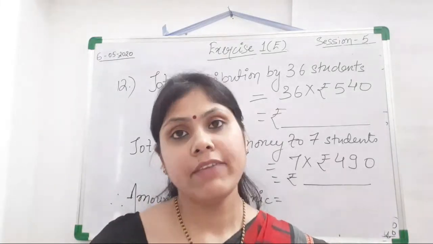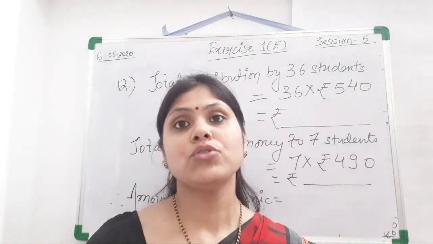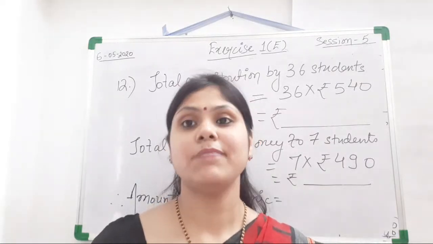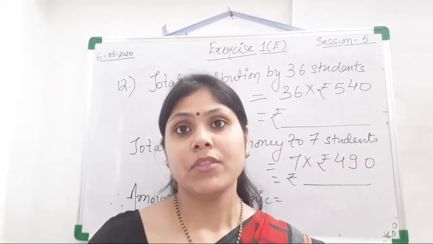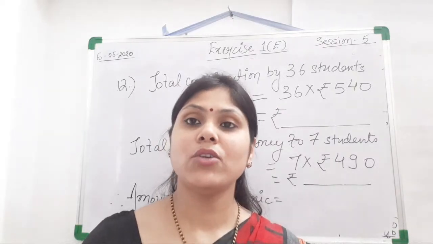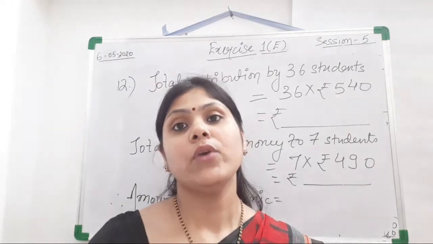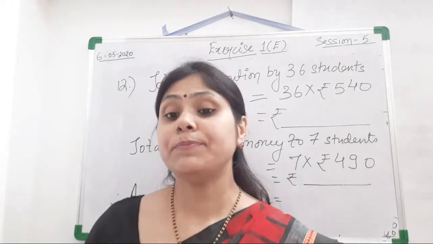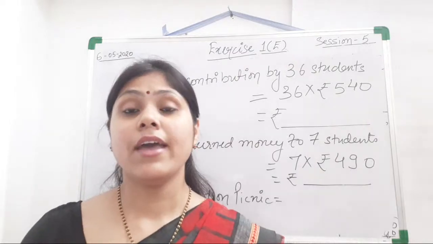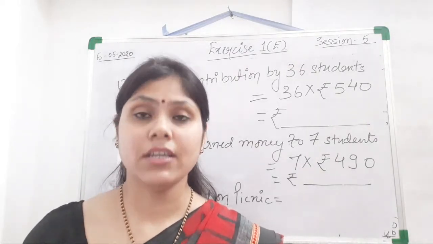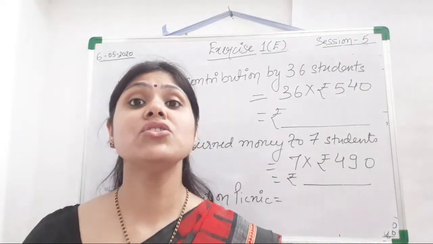Then for division, I told you to do it on your own. If you have done it, then very good. If not, then please do it once again. Then only you will be able to understand the meaning of these properties. Then we studied that when 0 is divided by any integer, your answer comes 0.